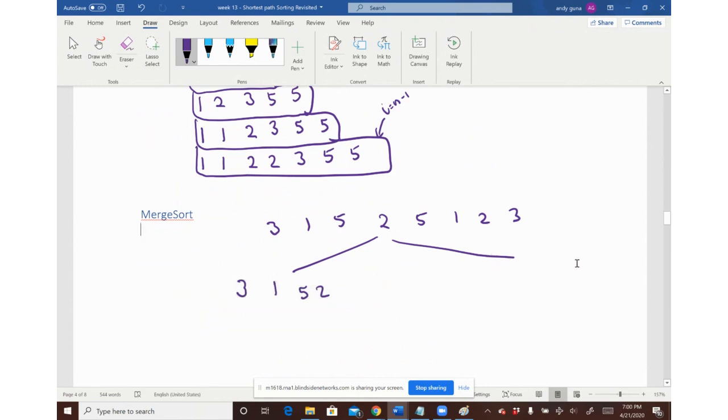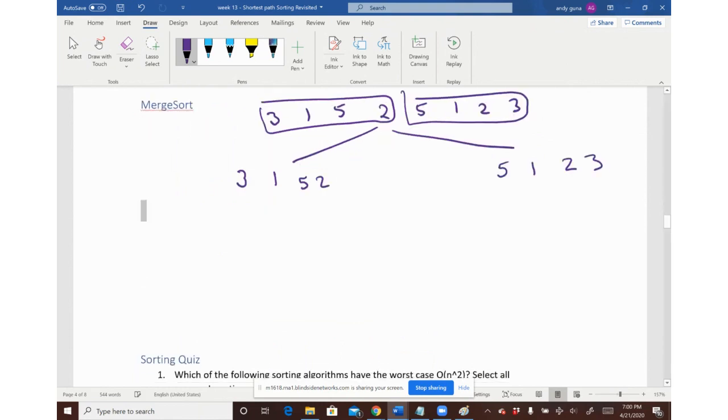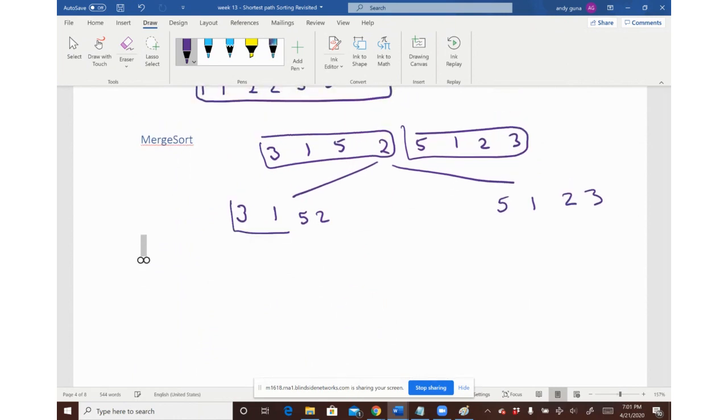And we have 5, 1, 2, 3. So we take the array of size 8 and divide that into 2 segments. And then we're going to divide this into two other segments.